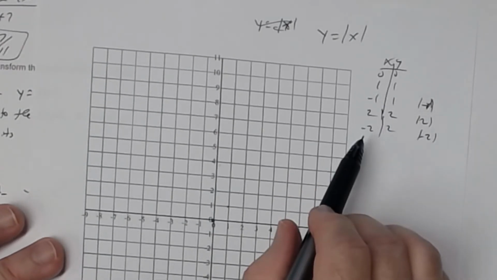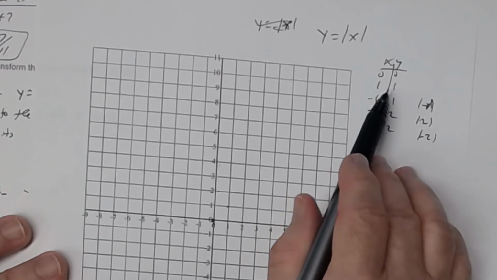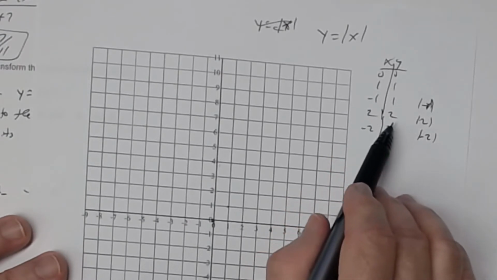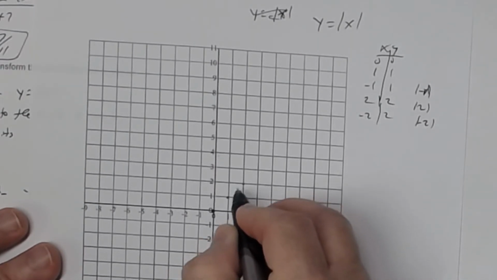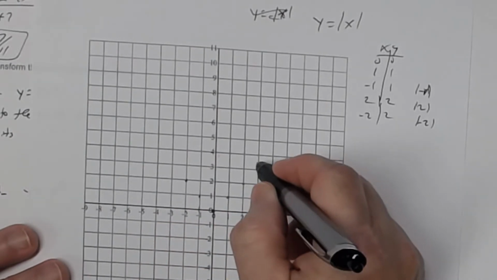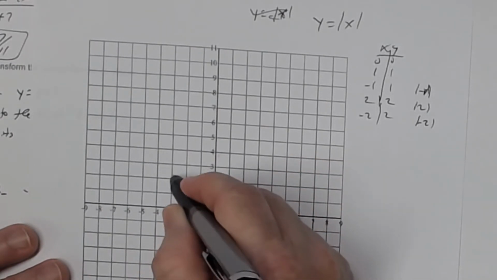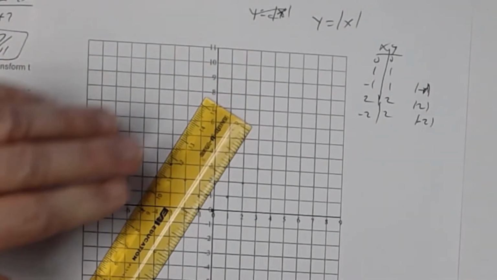So notice the 1, 1, negative 1, 1, 2, 2, negative 2, 2, and so on. So when you plot those points, you get something that looks like this. Negative 1, 1, negative 2, 2, 3, 3, and so on. Negative 3, 3. And when you graph this, you get this.